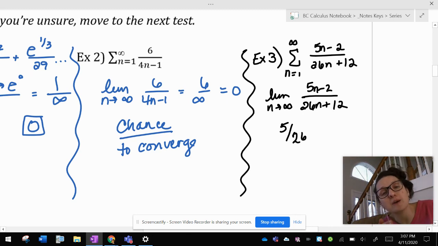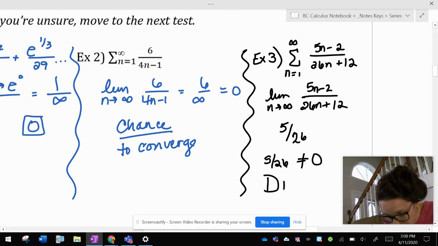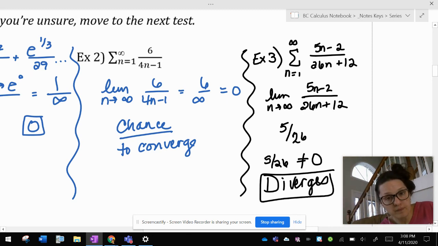That means that as the terms go further and further out, they start to approach a value of 5/26, which means I'm adding 5/26 plus 5/26 plus 5/26 plus 5/26. That's going to add up to infinity. I can't stop it. So since 5/26 is not 0, this diverges. End of story. Okay? So there is page 1 in our convergence notes for numerical series. Come back again later for page 2.